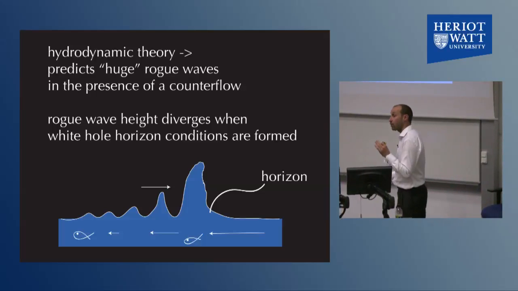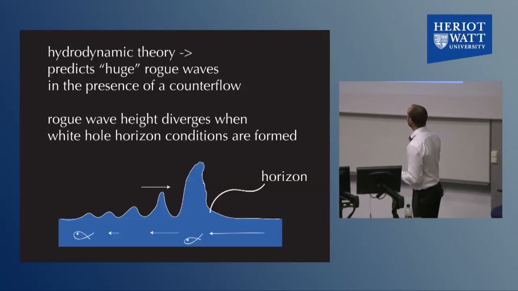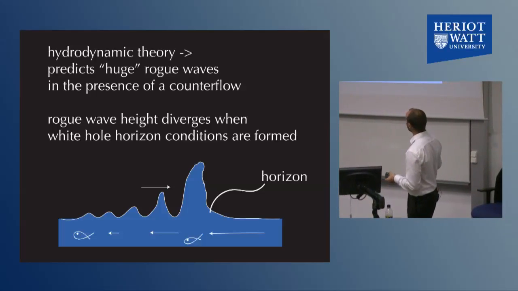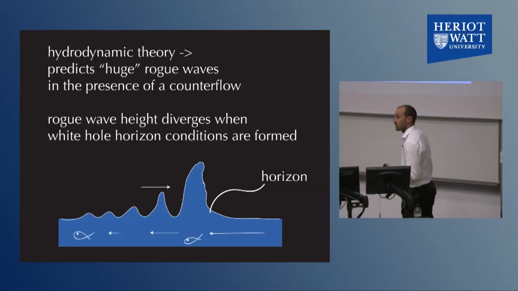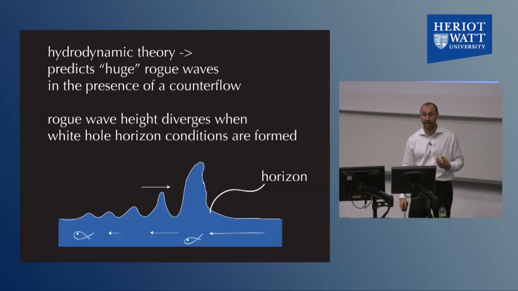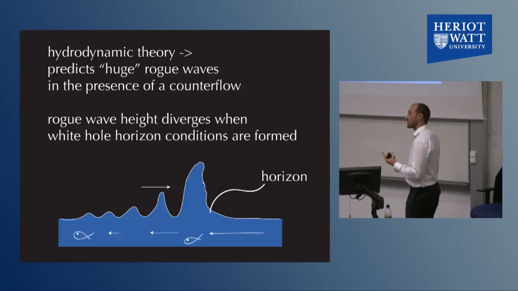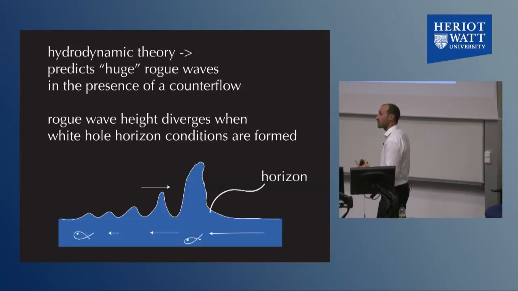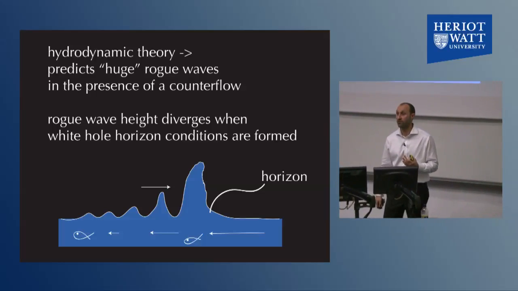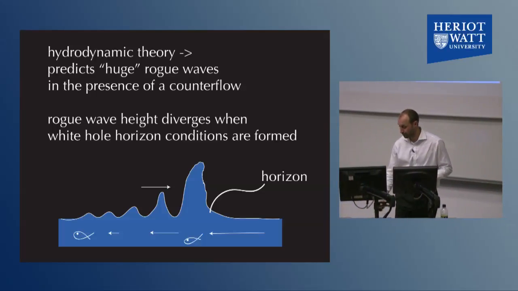In particular, although they didn't realize this when they wrote the paper and didn't use this terminology, it seems that the rogue wave height will diverge in the presence of a white hole horizon. And I mentioned earlier on, when you start understanding how a white hole forms, you find them all over the place. Indeed, if you look at the speeds at which water flows, for example, in certain areas within the Gulf Stream, these conditions can indeed be met.